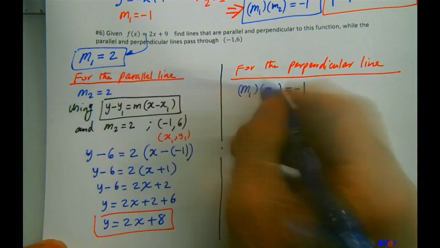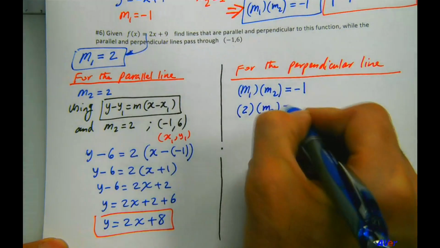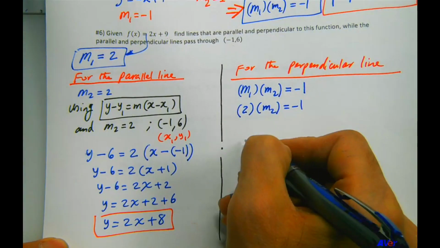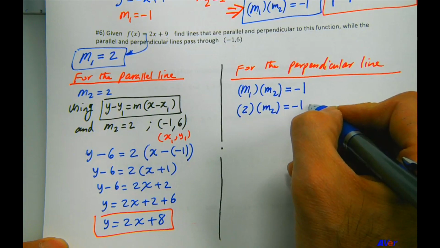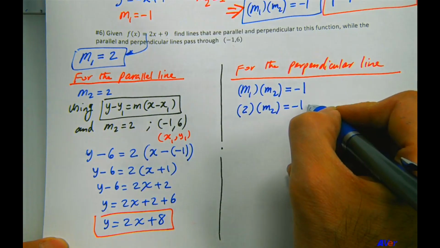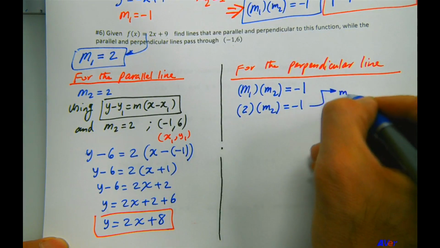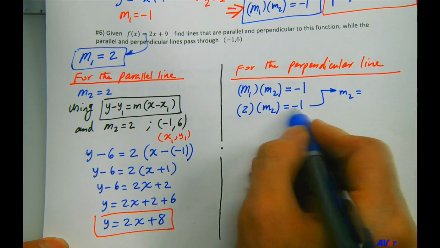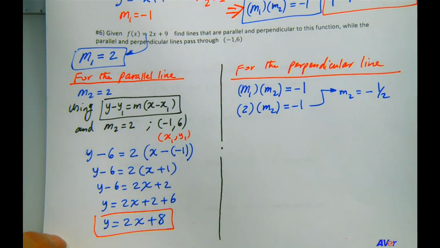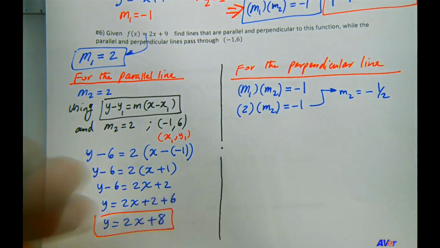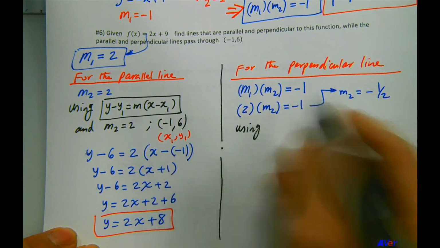So m1 is 2, m2 we're looking for, and the other side is minus 1, right? So solve this for m2. m2 is equal to, divide both sides by 2, minus 1/2. Okay? So now, that's the slope of the perpendicular line.